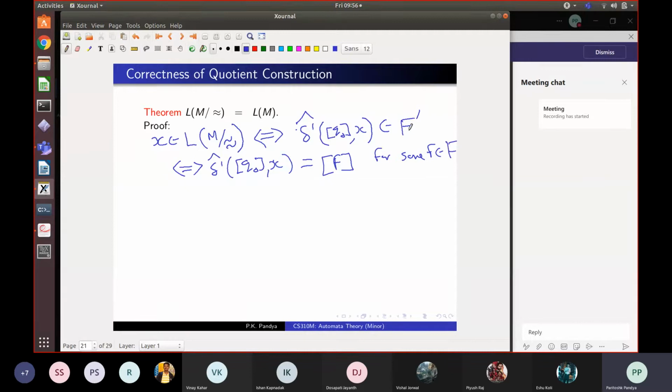How was F prime defined? It was all those equivalence classes of some final state, right? And so, since this has to belong to F prime, it will have to be equivalent to the class of f for some f belonging to F, right?